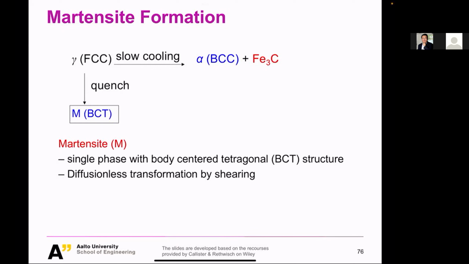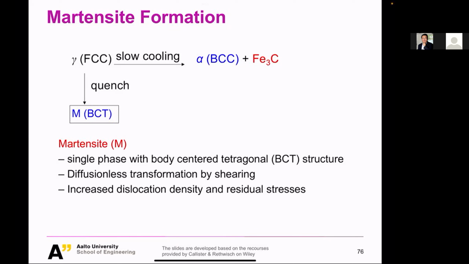There are a few features about martensite. Martensite is a single phase, first of all, because you can find uniform mechanical and chemical properties. And it is with the BCT structure. The transformation was done not by diffusion, but by shearing. Shearing is so-called plastic deformation, and plastic deformation should ring a bell in your mind.